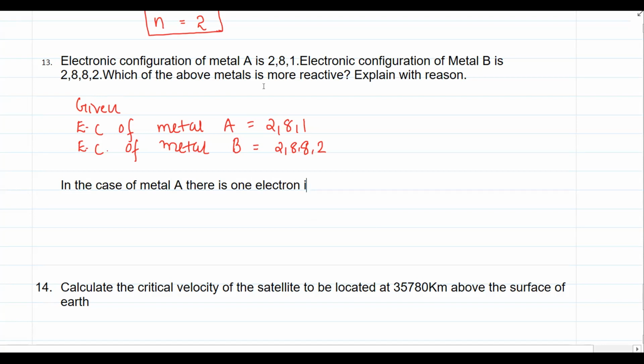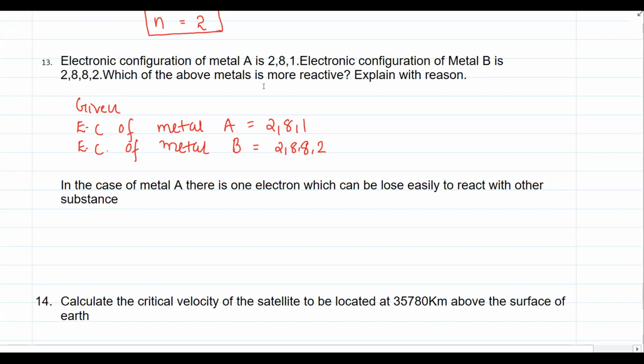This 1 electron can be lost easily to react with other substances.